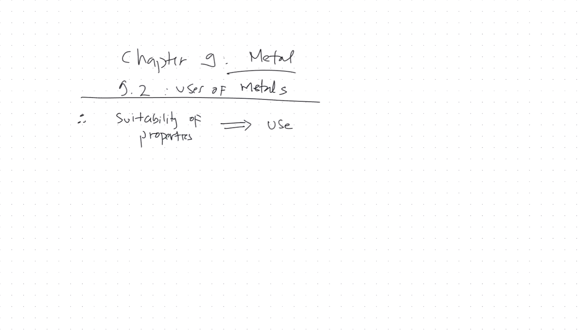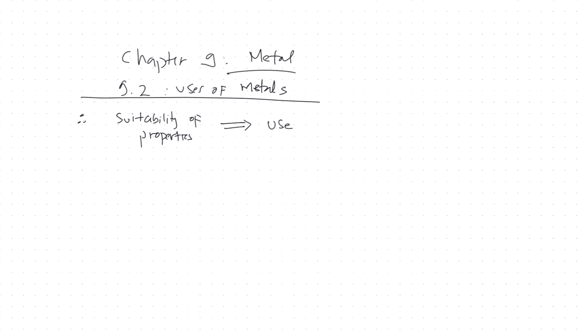If it's suitable for a particular job, we're going to use that metal. That's the idea. Now, we're going to see what properties we need for a particular application. Then we can find out the metal that possesses those properties and is going to do the job.